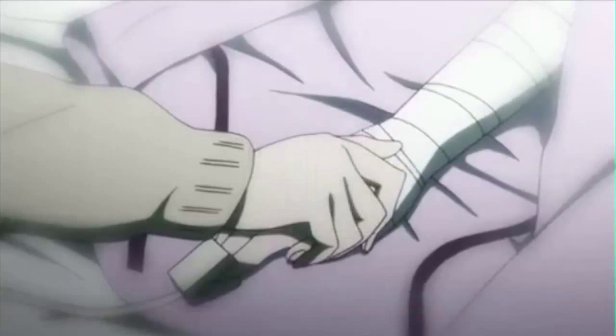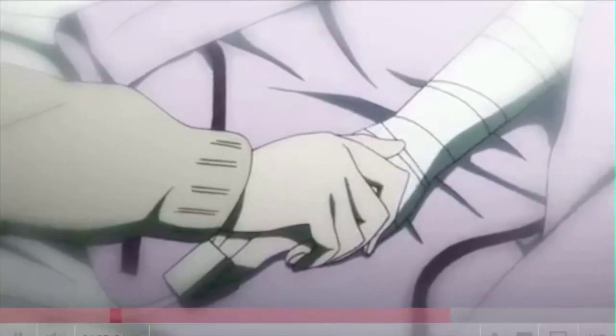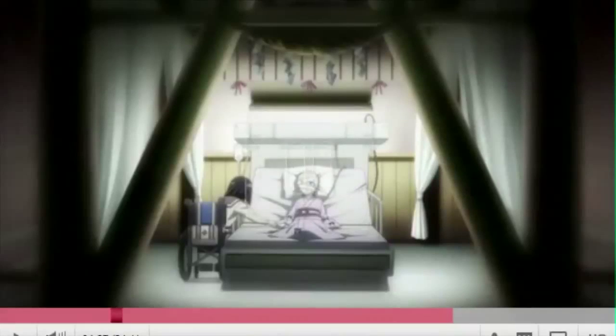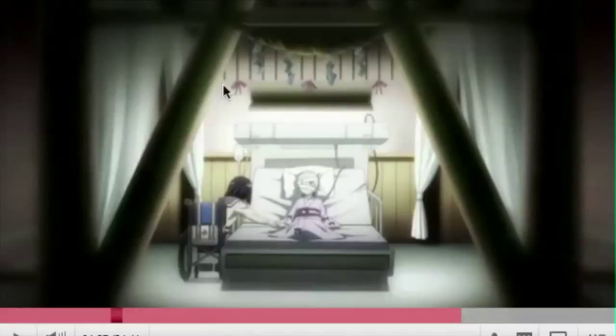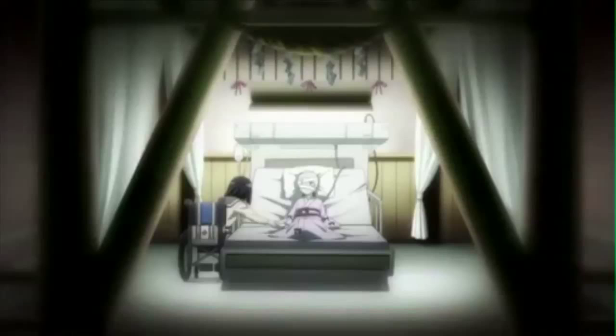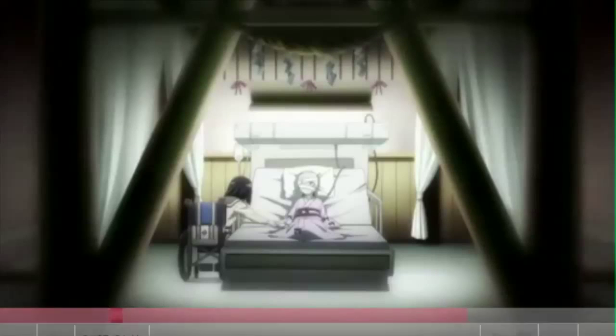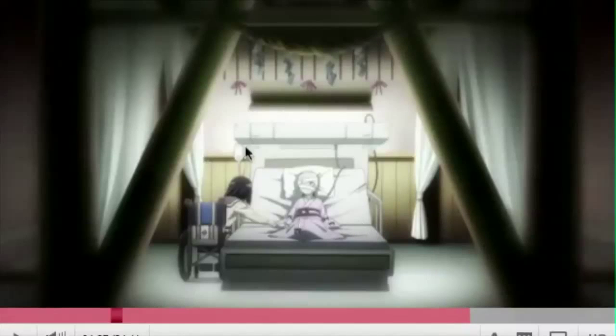Extreme close-up of the hands. A full shot, also considered a wide shot. Notice the composition. We're creating a triangle here, and we're focusing on the light part of the scene. The character is also centered, which makes for a good composition.